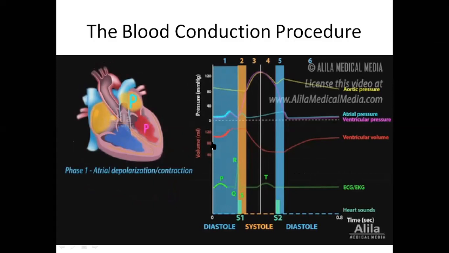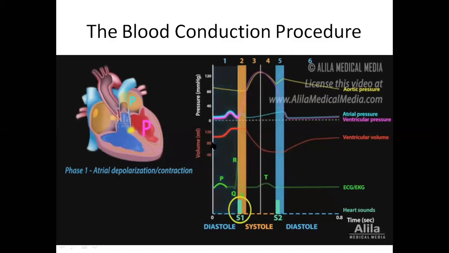Atrial contraction, however, only accounts for a fraction of ventricular filling because at this point the ventricles are already almost full due to passive blood flow down the ventricles through the open AV valves. As atrial contraction completes, atrial pressure begins to fall, reversing the pressure gradient across the AV valves, causing them to close. The closing of the AV valves produces the first heart sound, S1, and marks the beginning of systole.